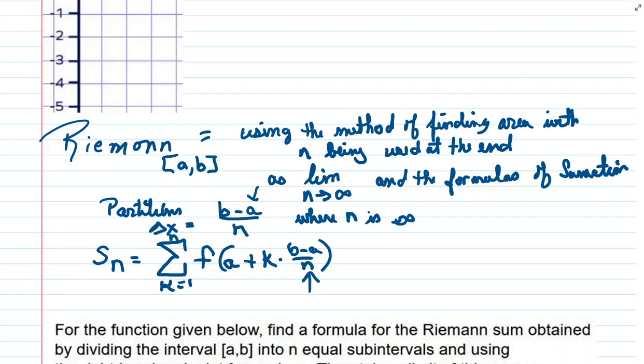Now what this does is tell you what k is moving to, in that height that we need, because this is function notation. And then we're multiplying by b minus a divided by n. Very unusual.